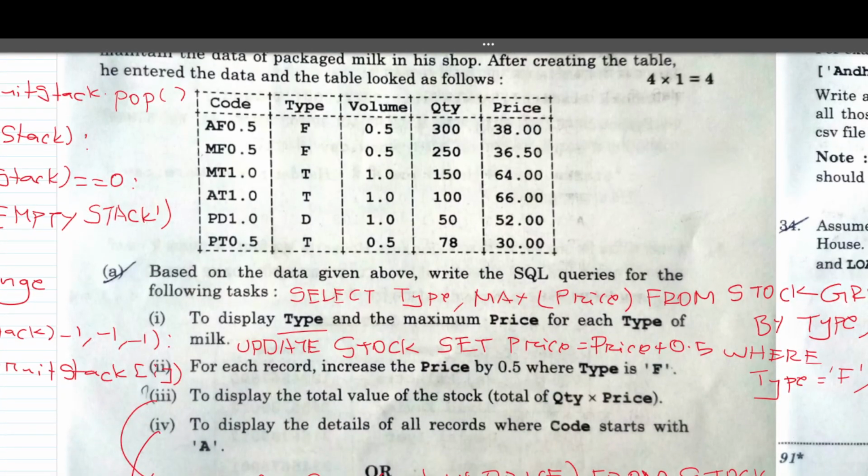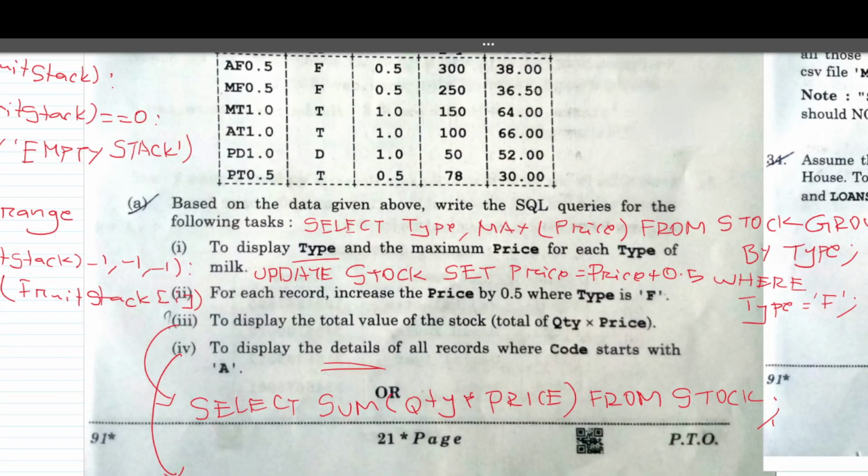Now number 4, to display the details of all records where code starts with A. Okay, details means everything needs to be printed. So for that I will be taking asterisk, everything will be printed from the table stock, where code starts with, so like, and where is this particular thing needs to be given.